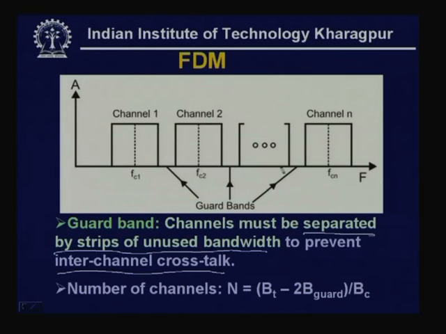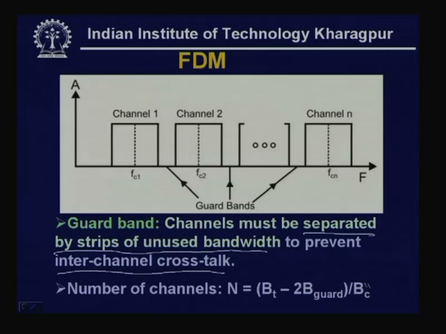Whenever you have a number of channels, this particular equation shows the number of channels that can be used. That means, the number of channels that can be used, n, is equal to (Bt minus 2 Bg) divided by Bc. Bt is the total bandwidth available, and that is being divided into a number of channels.